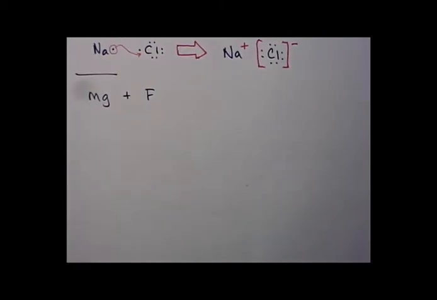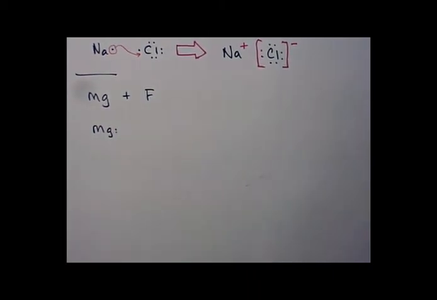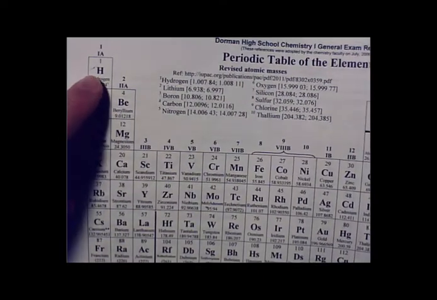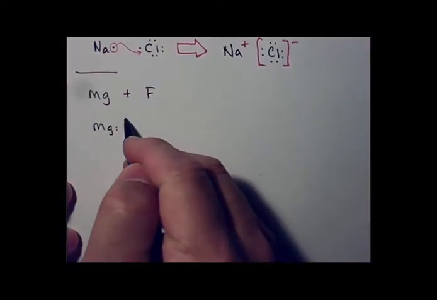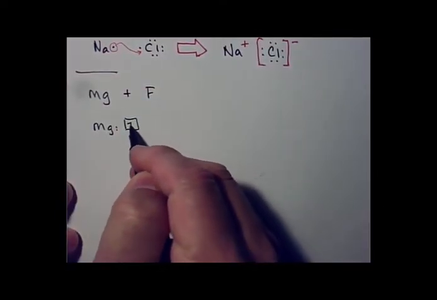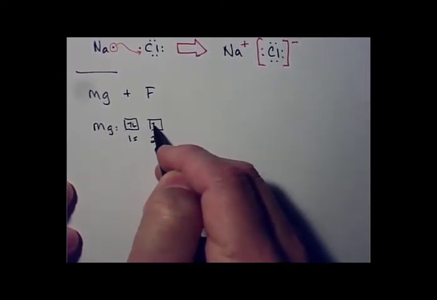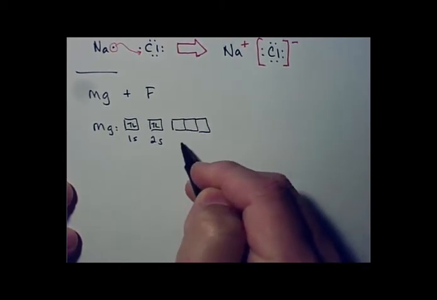So how many electrons? Well, let's do the orbital notation first. Here's magnesium. And magnesium is on the 3rd row of the periodic table. So we're going to fill up the first level, the second level, and we're going to only put 2 electrons in the third. So the second level is going to have s and p orbitals.